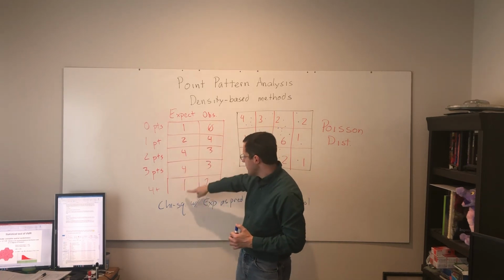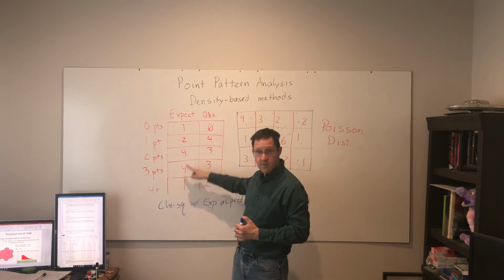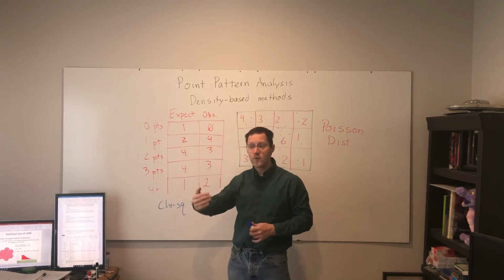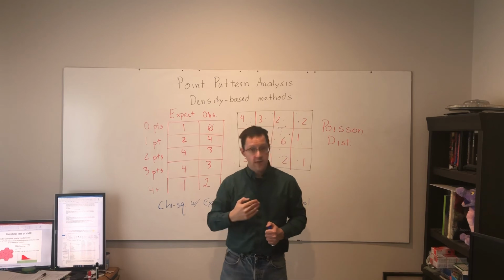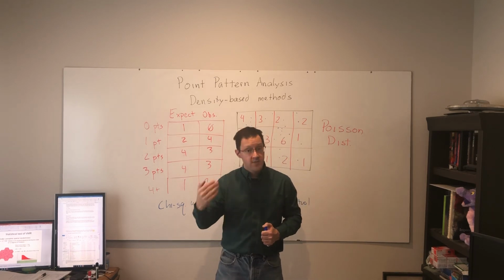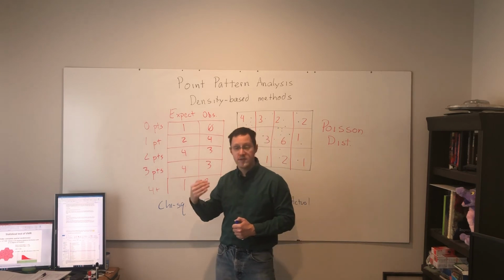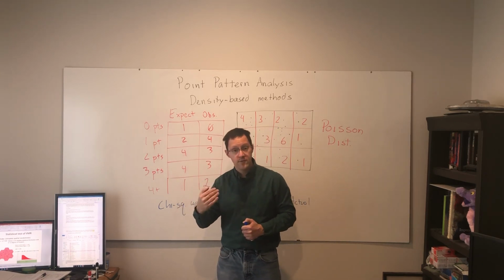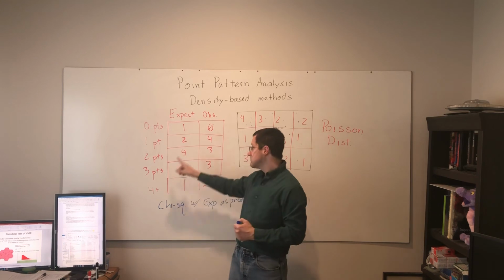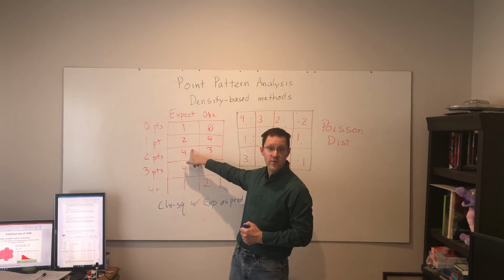You can use any process you want to generate your expectations, your predicted values, and assess, was that correct? In this class, because it's the simplest case, we will be using the assumption of randomness for this expected value.